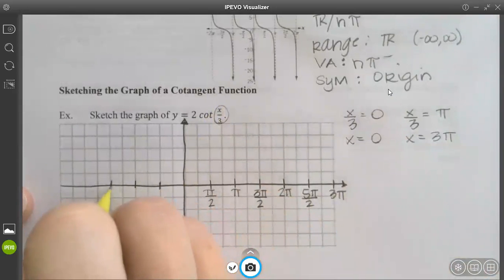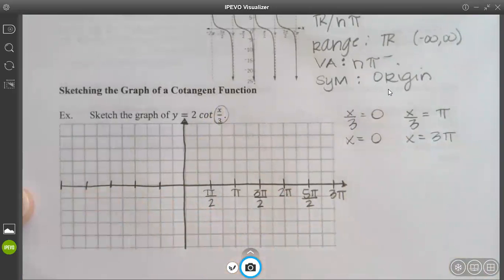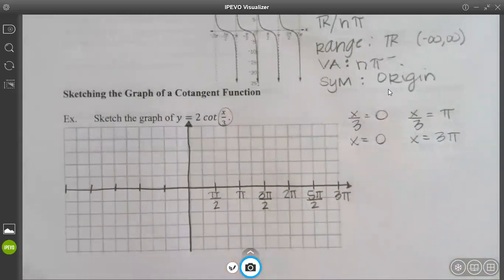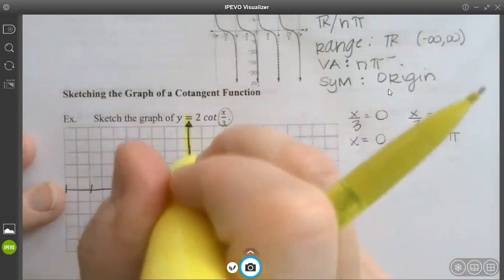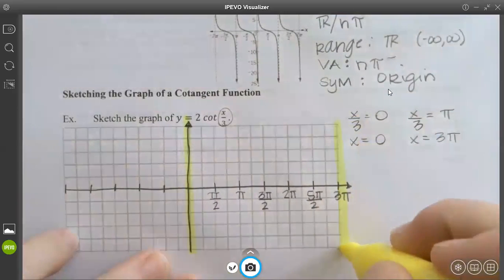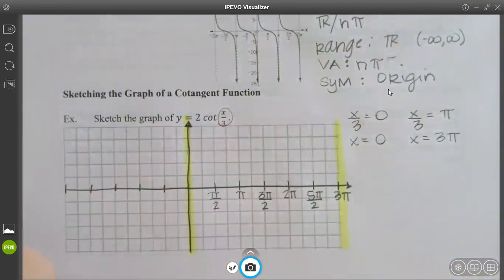I'm not going to write the numbers out, but they're going to go the same way on the other side, and you don't have to write them out either. So we have vertical asymptotes at 0 and 3 pi. Those are your vertical asymptotes.